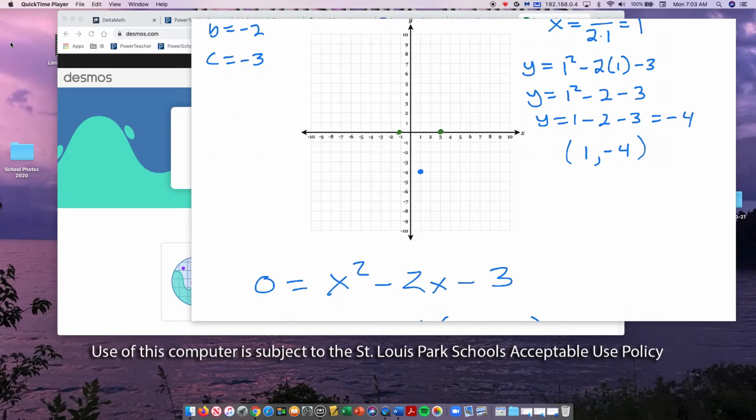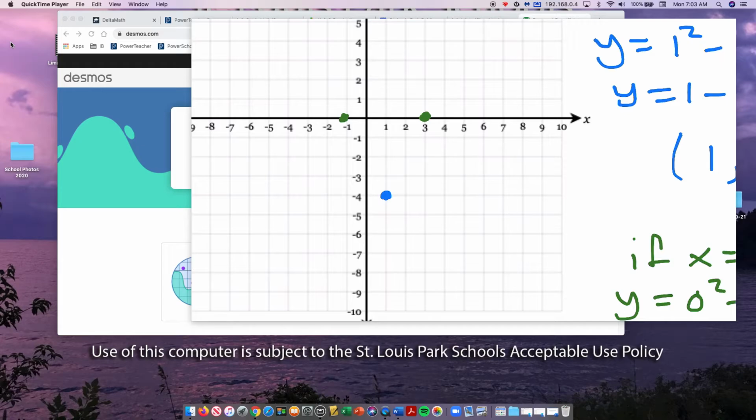Another point you could find is, if x equals 0, y would equal 0 squared minus 2 times 0 minus 3. So y is equal to negative 3. So we have another point, 0 comma negative 3. And you know that if this is a point, because it's a parabola, so is that.